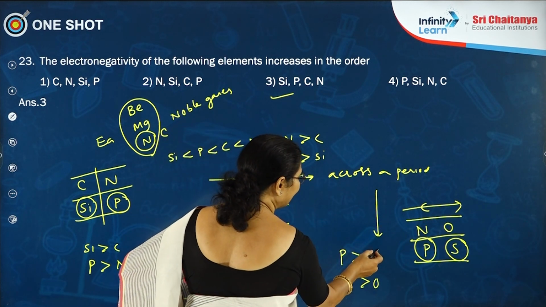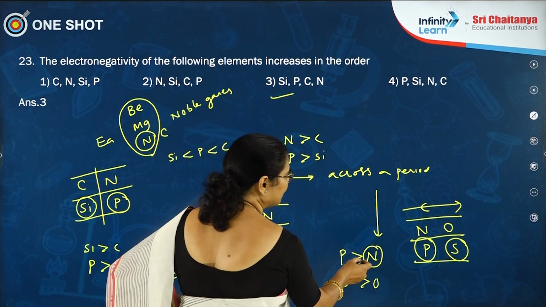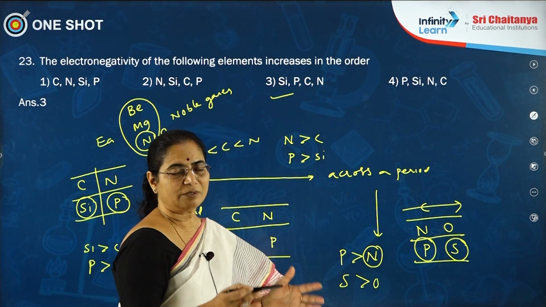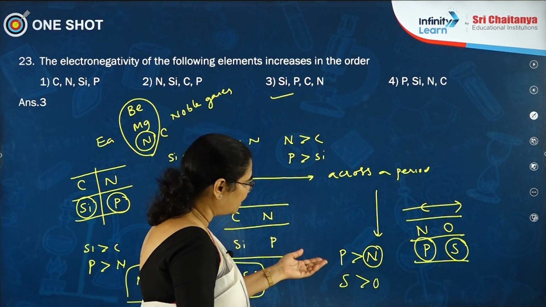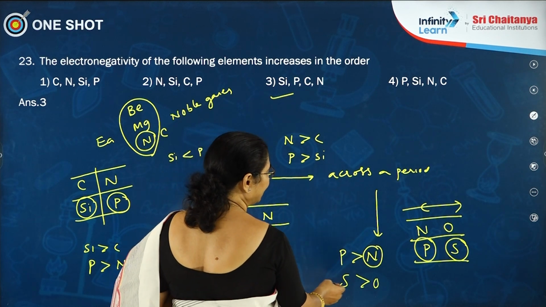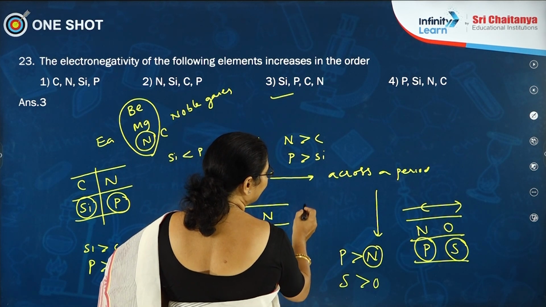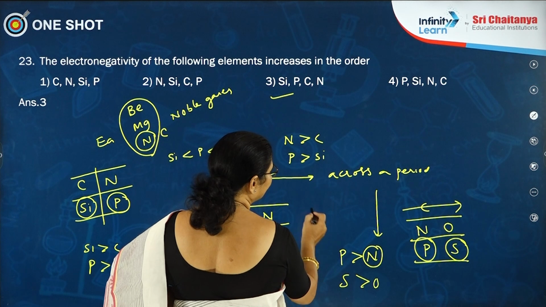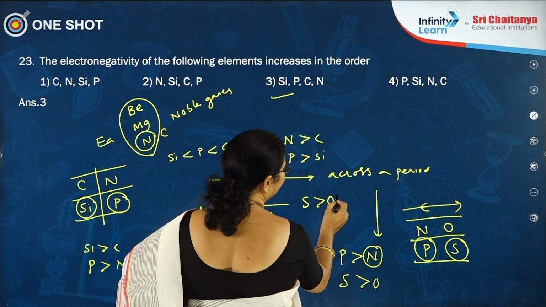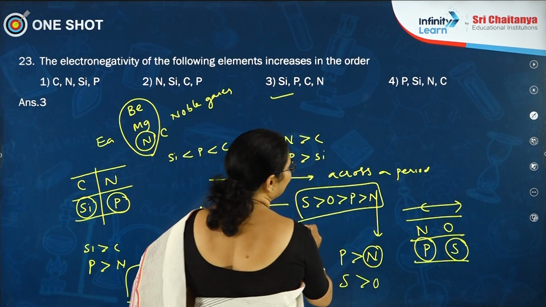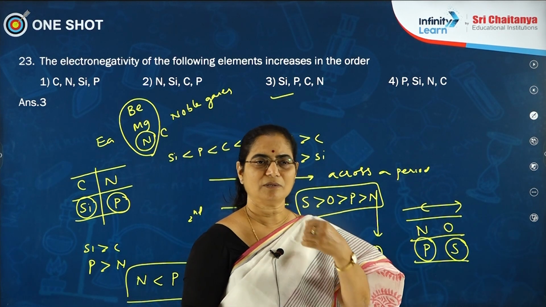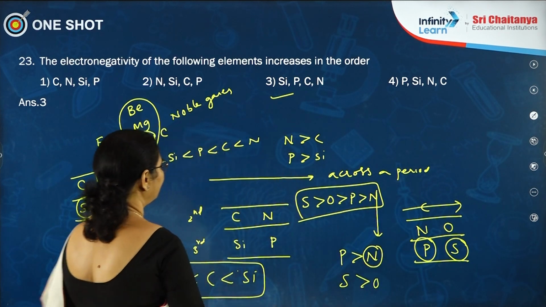As nitrogen has a stable configuration, it will not accept an electron easily, so we need to give energy to provide an electron to it. That is why the order is sulfur greater than oxygen greater than phosphorus greater than nitrogen. Whenever they ask electron affinity, nitrogen and phosphorus always come at the end, last.